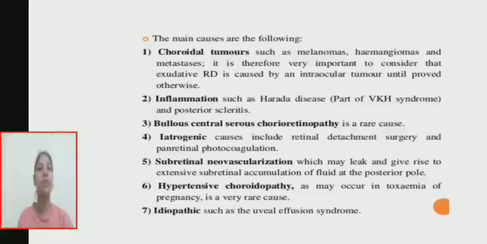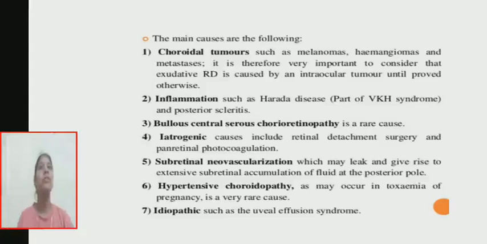Next is inflammation, such as Harada disease, part of VKH syndrome, and posterior scleritis. The VKH is the Vogt-Koyanagi-Harada.